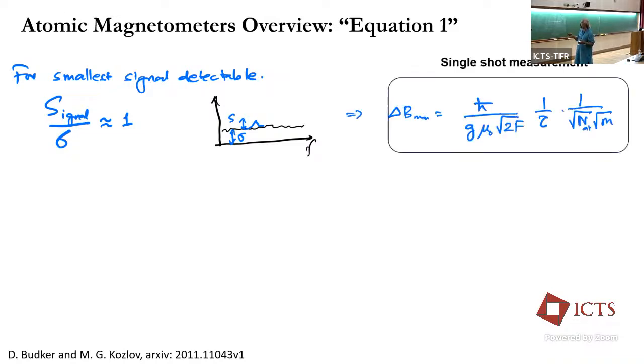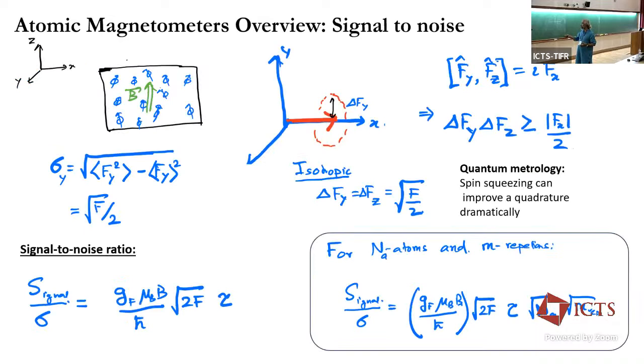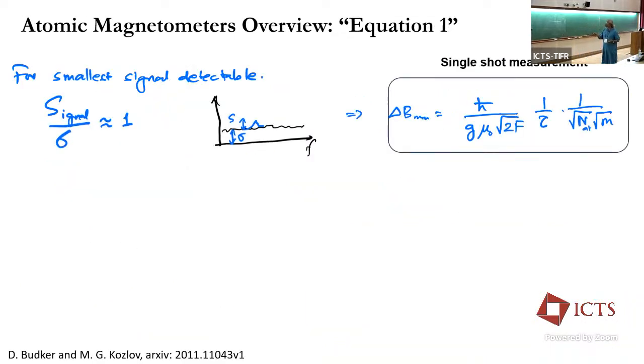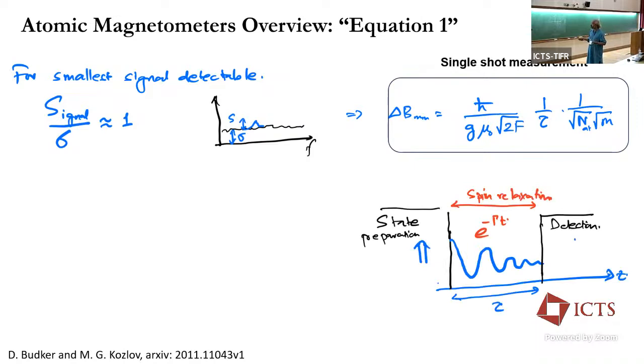So if you put that equality in that earlier signal expression, you are putting the signal to noise equal to 1, and that gives you the minimum B that you can detect. And that is this. You see that it depends on the number of atoms, on the repetitions, and on the time you are probing, or the state is evolving, in the presence of the magnetic field.